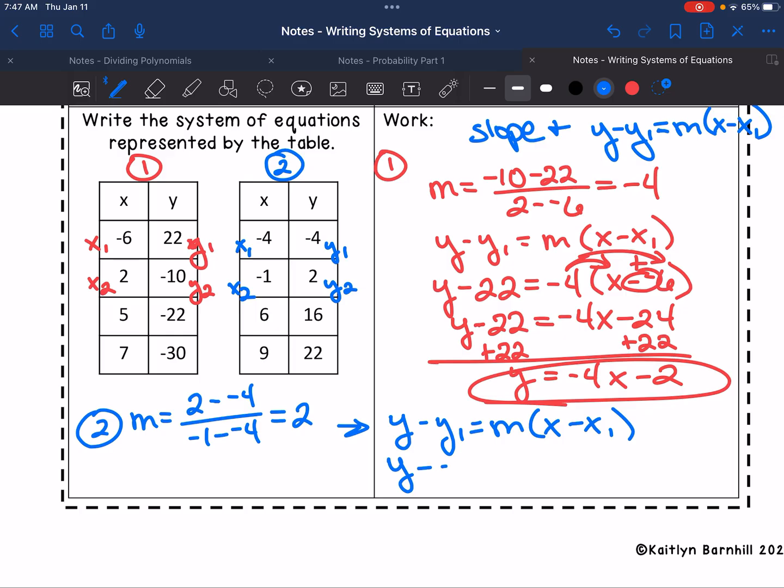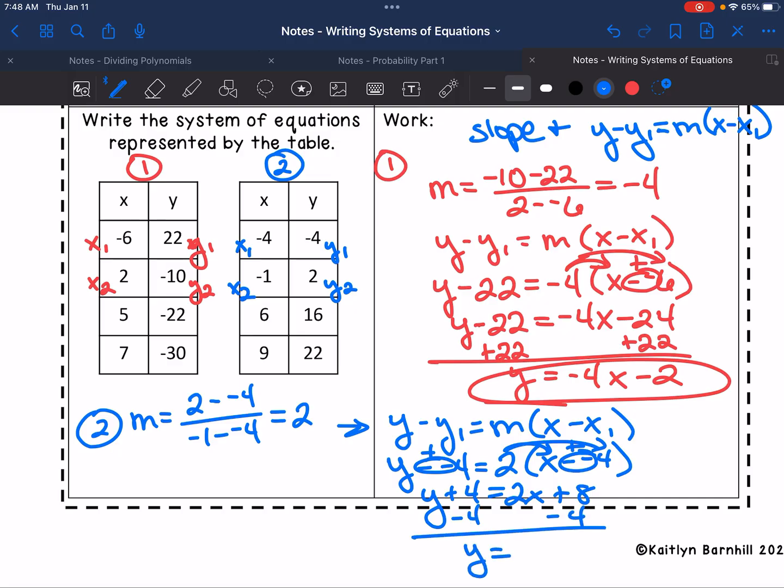So y minus -4 equals 2 times x minus -4. Change both those to positive. And then I'm going to distribute. So I have y plus 4 equals 2x plus 8. Subtract 4 from each side, and I get y equals 2x plus 4. Okay, and so I have both of my equations there.